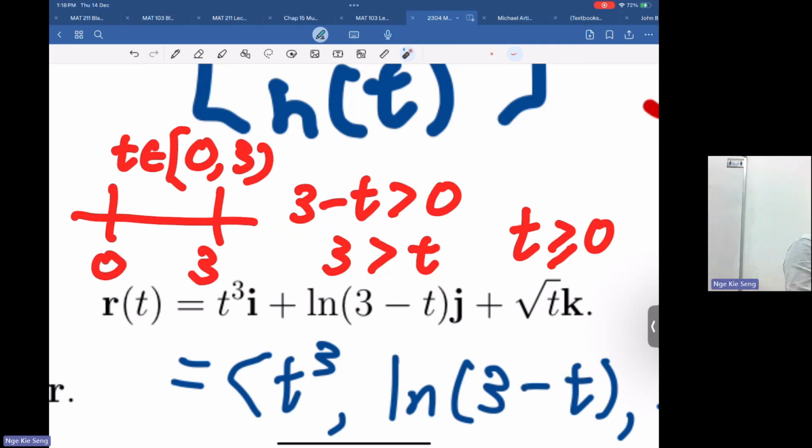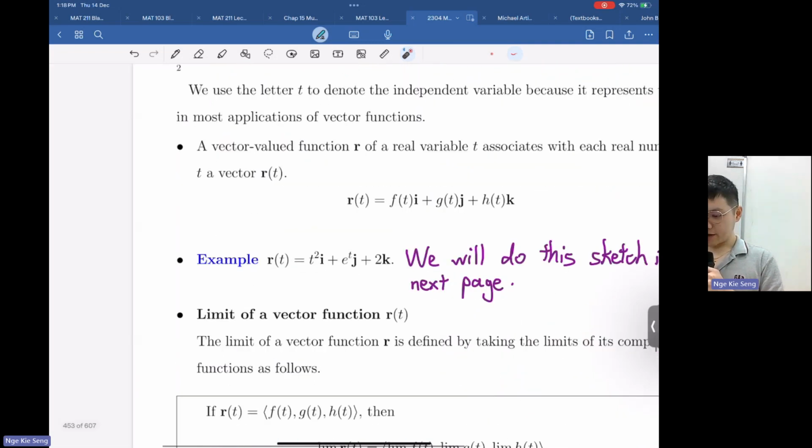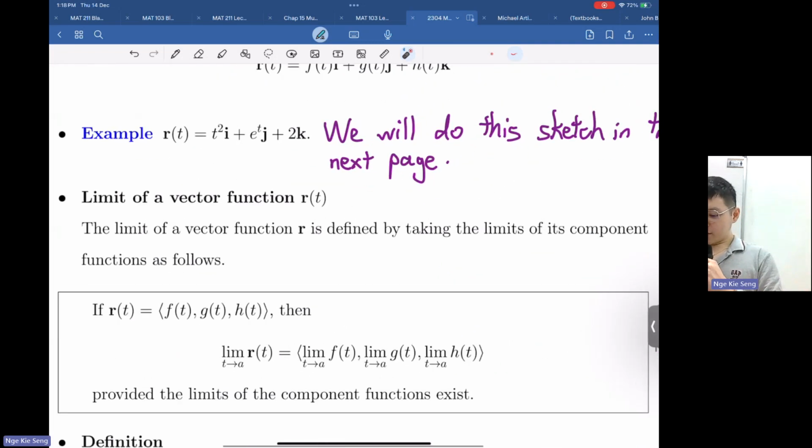Differentiation. Before differentiating, how do we define differentiation? Limit. So we need to do limit first. We need to define limit on the vector function. How do we do it? We just take limit on each component. That's all.